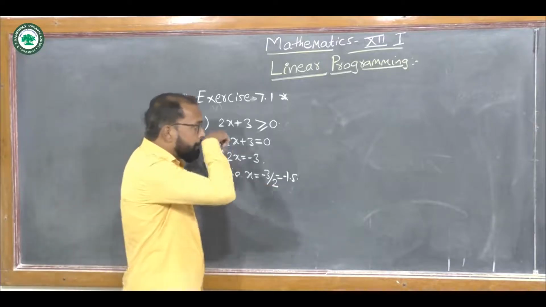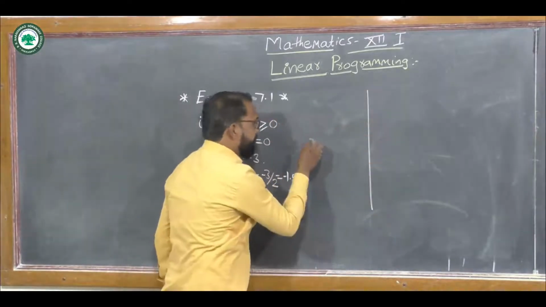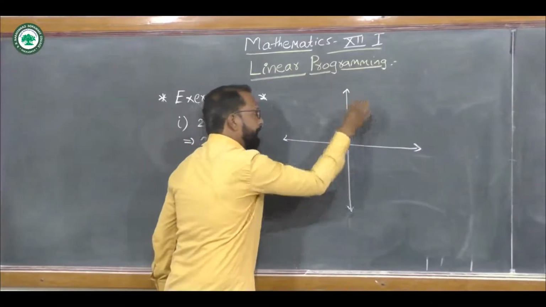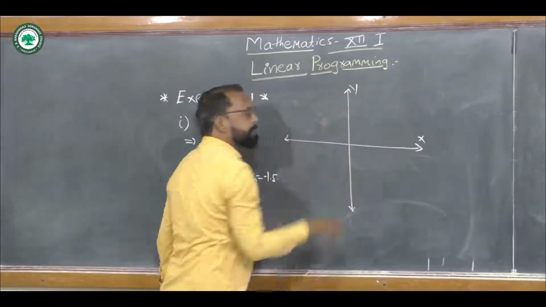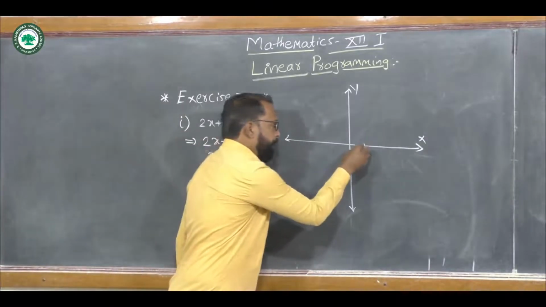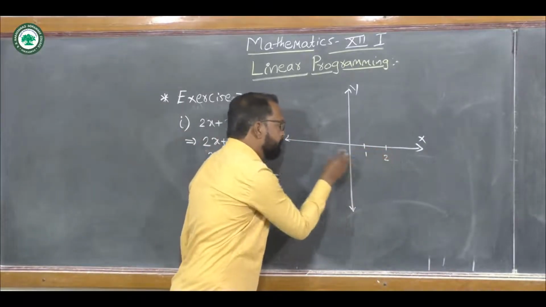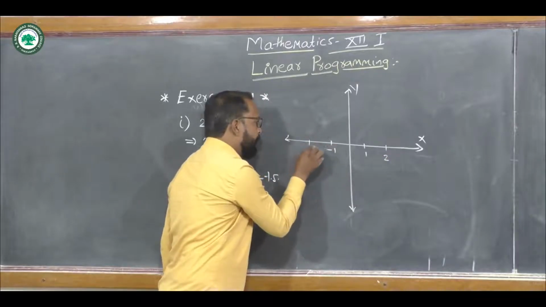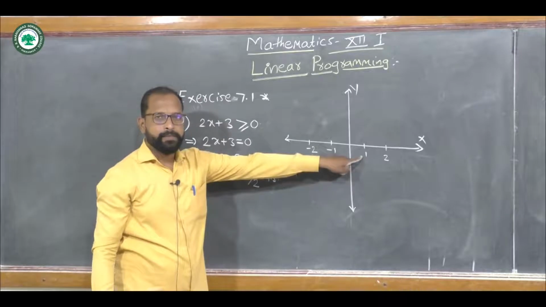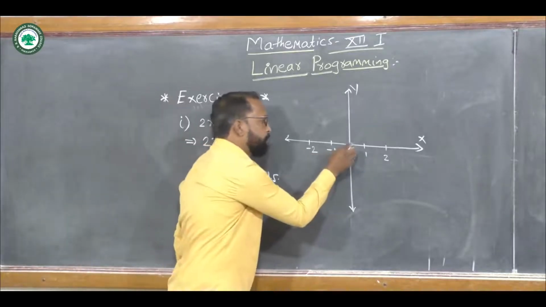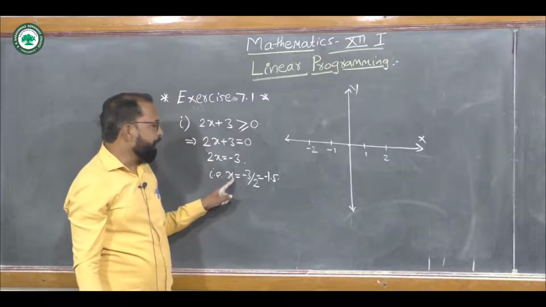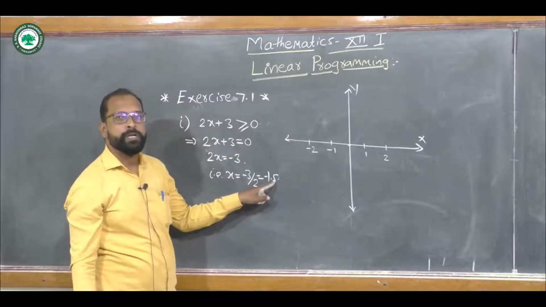Now to represent the given equality, draw a plane, the x-axis and y-axis, and suppose here we take 1, 2, minus 1 and minus 2 as the points on the x-axis. Obviously the center is the origin. So now take a point x equals minus 1.5.